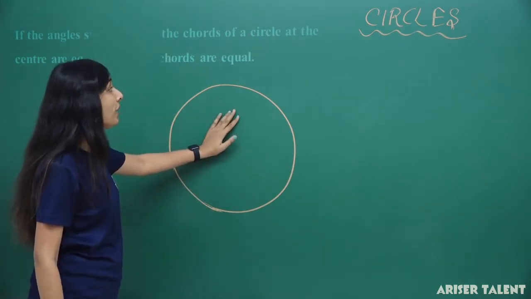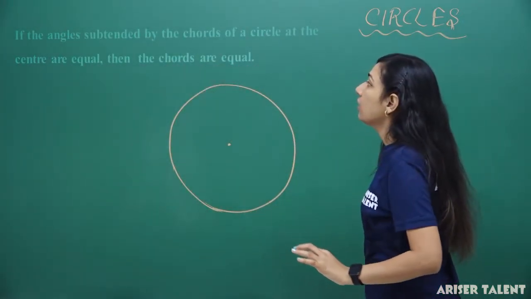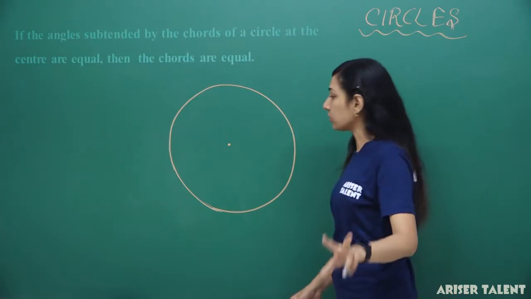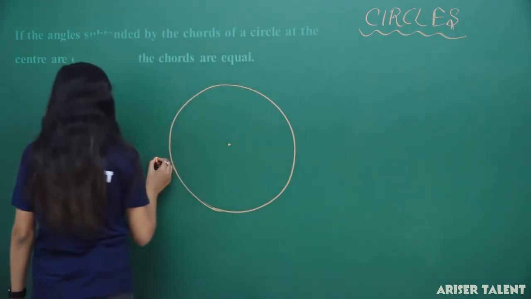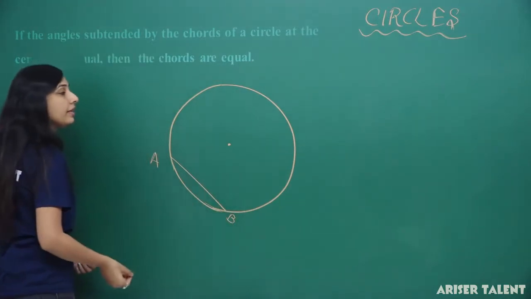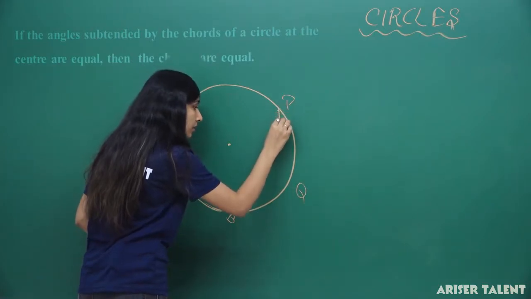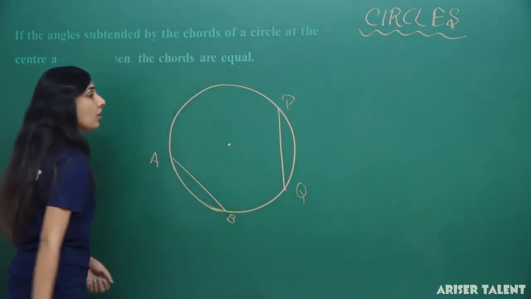It's saying that the angles subtended by chords of a circle, so we are taking two chords. We name them AB and PQ. So two points A and B are here, and two points P and Q are here. I join these two points.